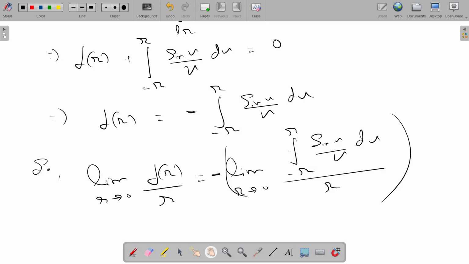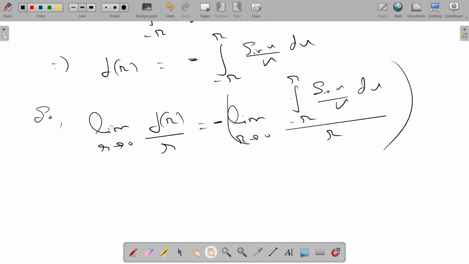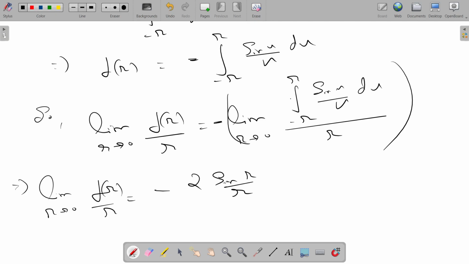So the limit as r tends to 0 of f of r by r will be minus 2 sin r by r. I skipped a few steps, but differentiating using the Leibniz rule, we get sin r by r times d by dr of r, which is 1, minus sin of minus r by minus r.